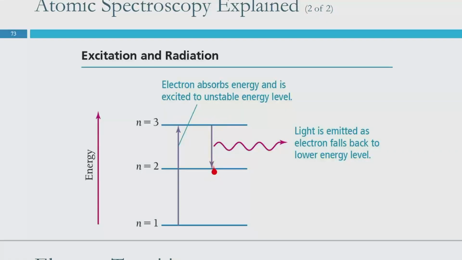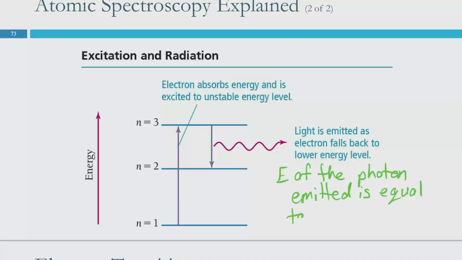Eventually, though, it has to come down, and it drops, in this case, down to n equals 2, and it emits a beam of light equal to the energy difference between n equals 3 and n equals 2.